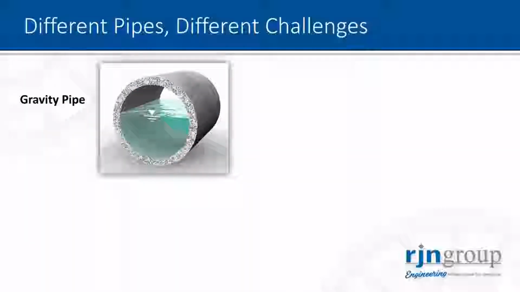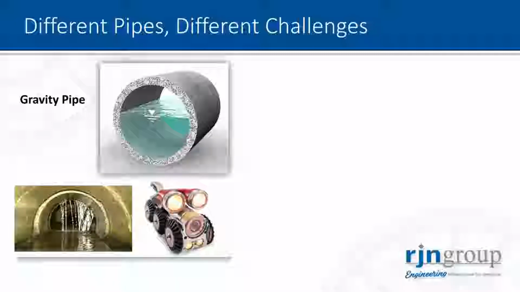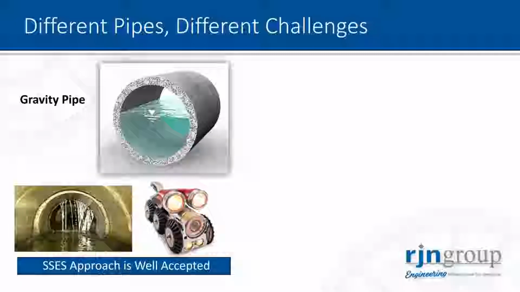Different pipe, different challenges. What's shown there on the screen is the gravity pipe. This has been RJN's main focus the last several years, and RJN's done a great job of growing the industry and setting the standard in addressing challenges related to gravity sewer as well as gravity stormwater pipes. Over the last couple of decades, the SSES approach, or Sanitary Sewer Evaluation Survey, has been well accepted in the market.